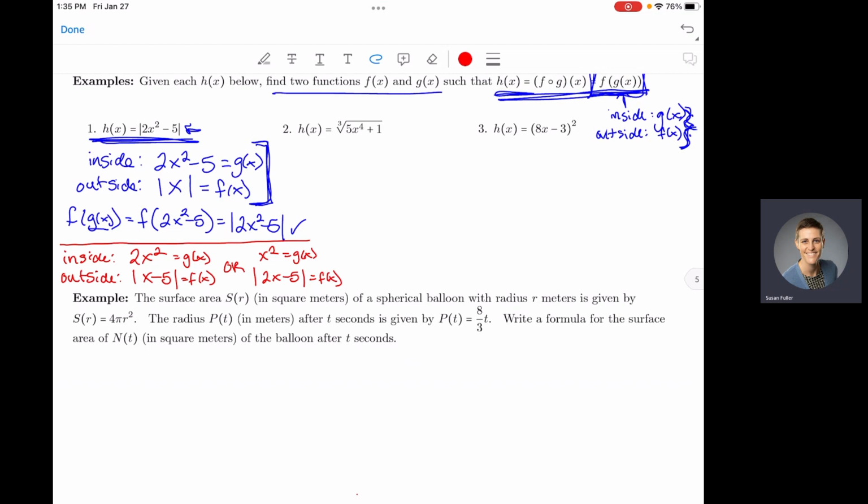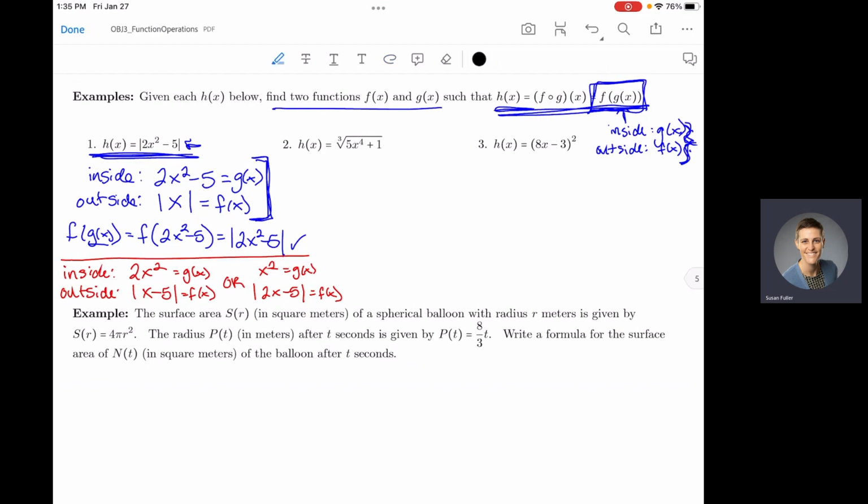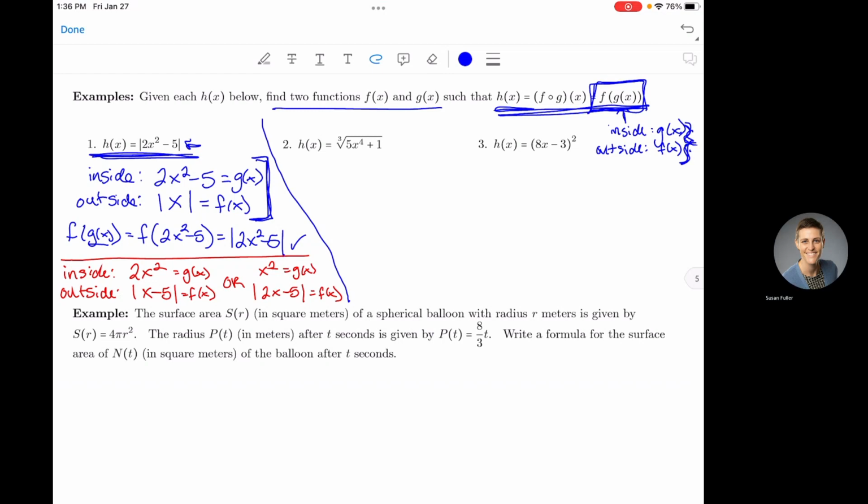So there's not a unique answer to these. ALEKS will accept any of them. So your goal is just to find an inside function and an outside function that work together to create your h of x. So let's try number 2 here.